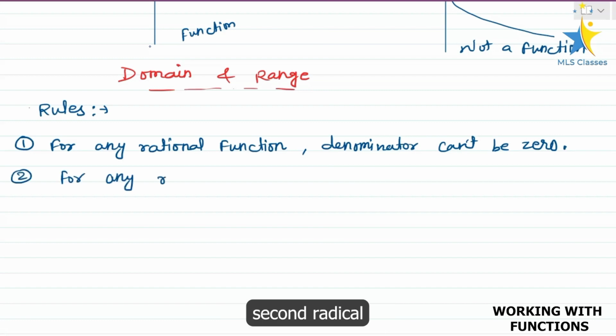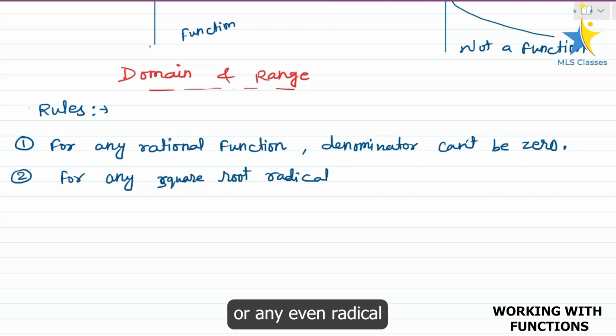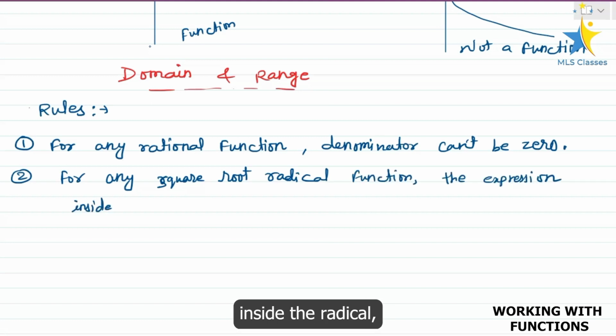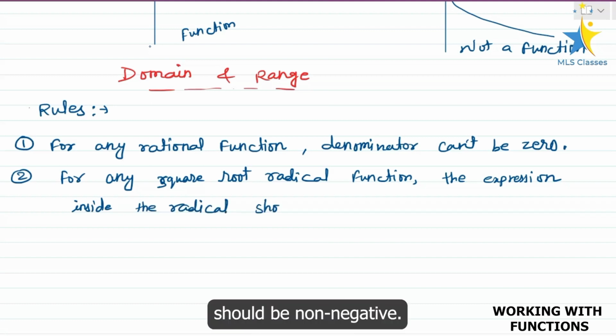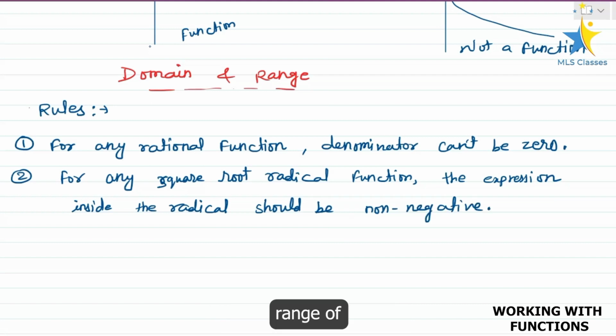Second, for a square root radical function, or any even radical, not only square root, the expression inside the radical, which we call the radicand, should be non-negative. And for the range of a square root radical function, a square root cannot give negative numbers, so it will be greater than or equal to 0.